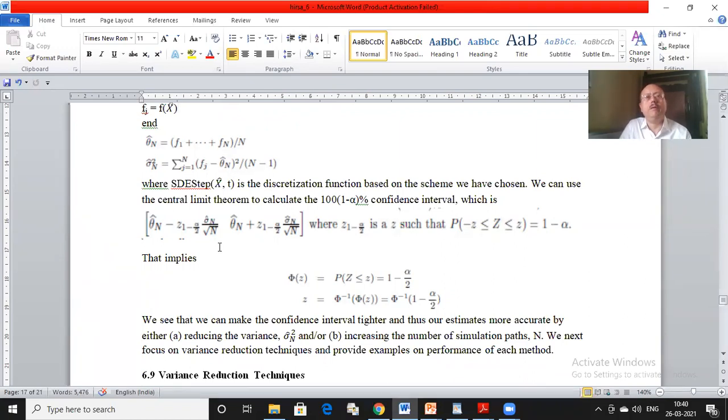So our primary target would be to find strategies so that we can reduce the variance.